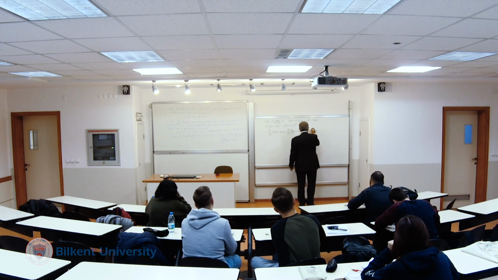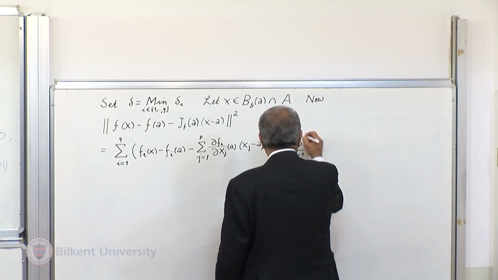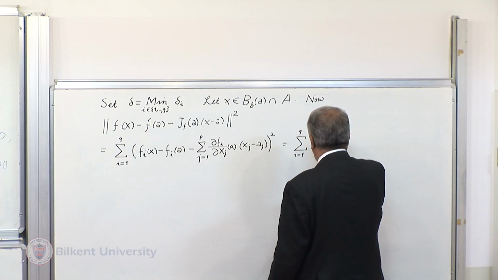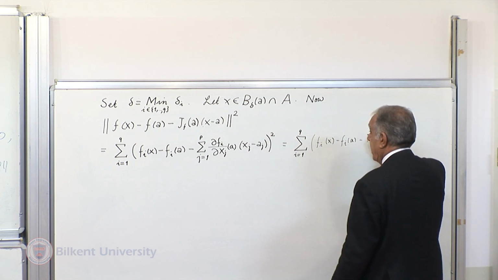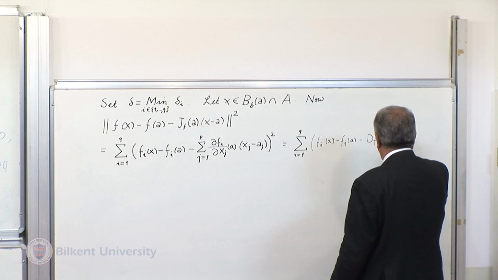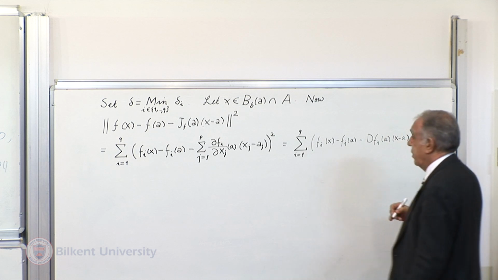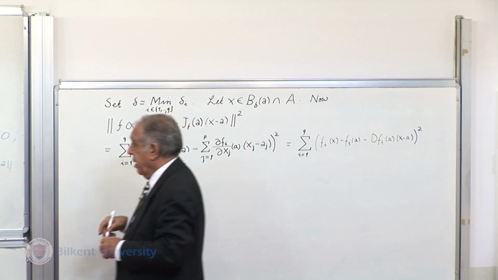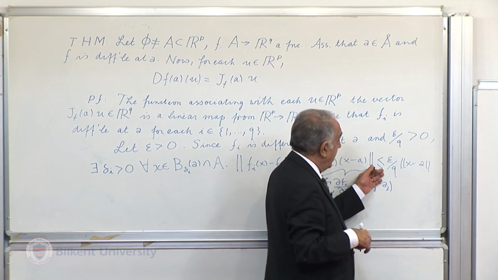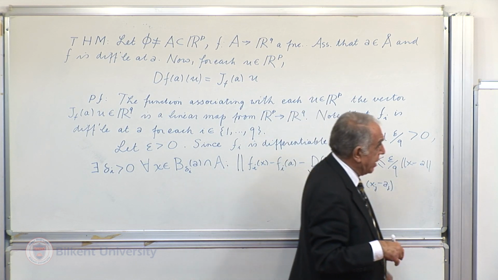So this is equal to the sum from i equal to 1 to q of f_i(x) minus f_i(a) minus df_i(a) at x minus a, the square of that. But the absolute value of this is less than or equal to epsilon over q times the norm of x minus a.